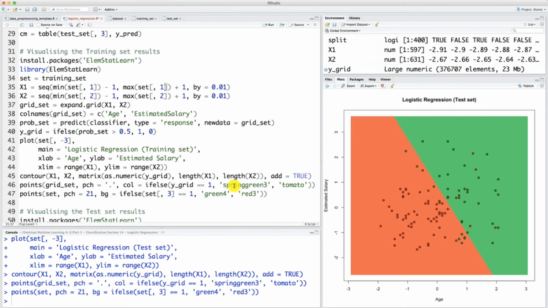So that's here. And I'm using the color spring green, and tomato, that is the tomato color. And for the real points, I just use green4, which is a color in R, and red3. So this color is green4, and this color is red3. And that's it. That's the idea behind this code.